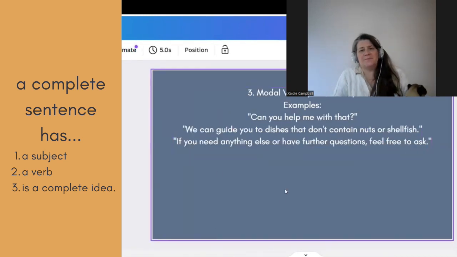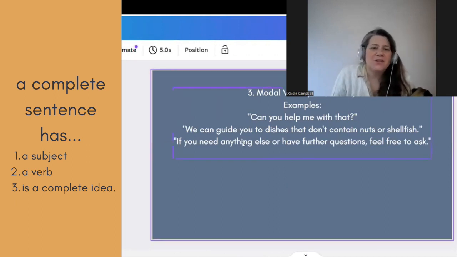Modal verbs. Can you help me with that? Notice with the modal verbs, and I look at the contextualized grammar as an opportunity to review what you probably already know. There are other videos that go deep dives into these tenses and these different grammatical concepts.